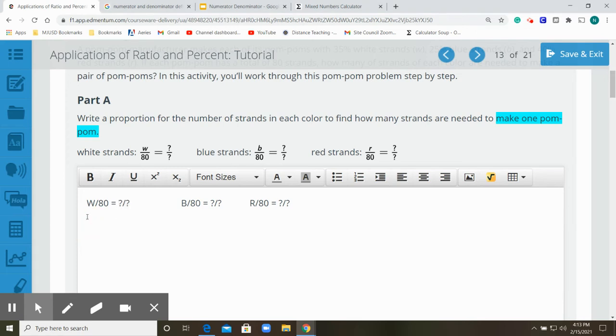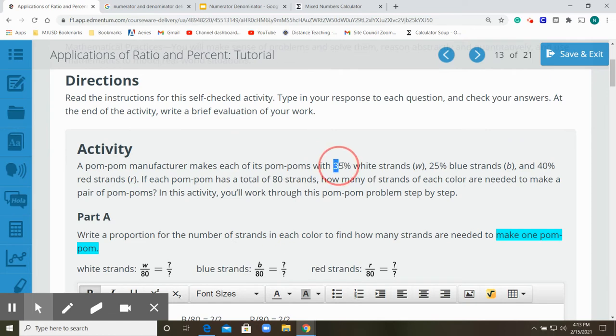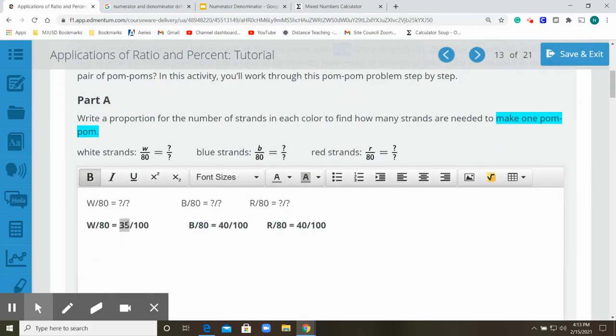So that means the number of white strands out of 80 is 35 out of 100. That information is given to us right here. 35% means 35 per 100 strands. Well, we don't have 100 strands, so that's why it's a percentage.